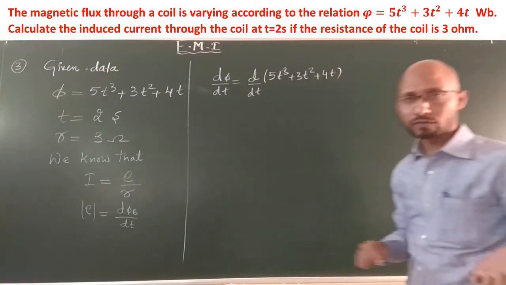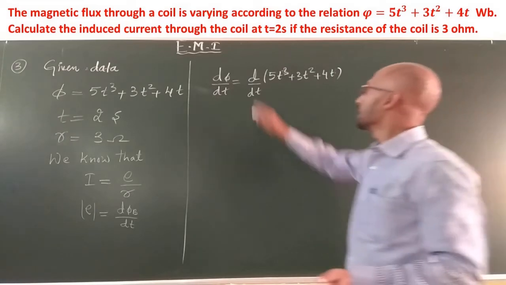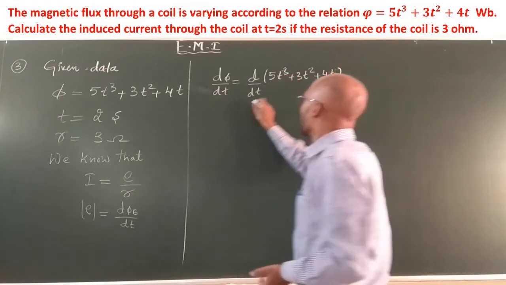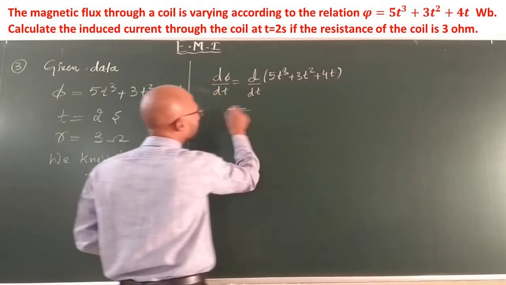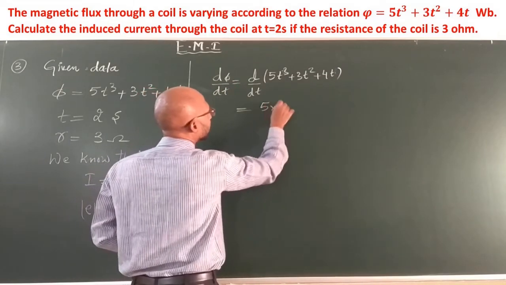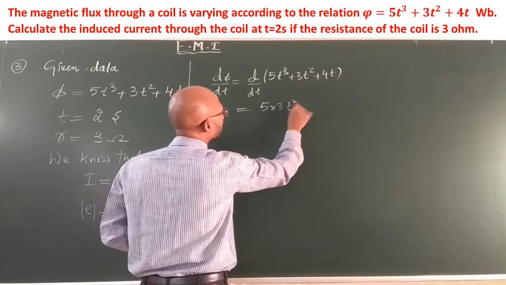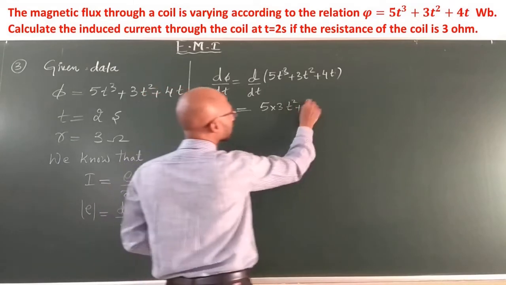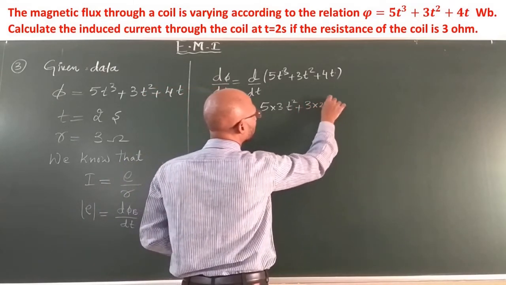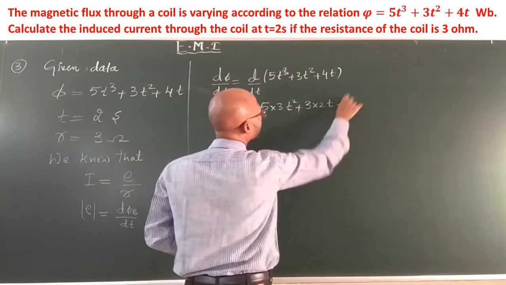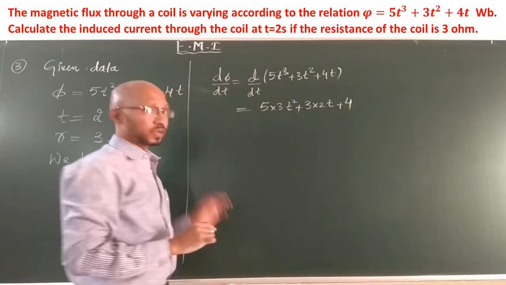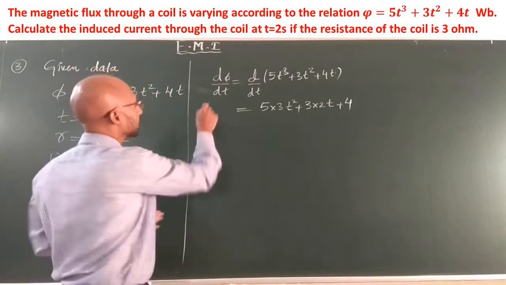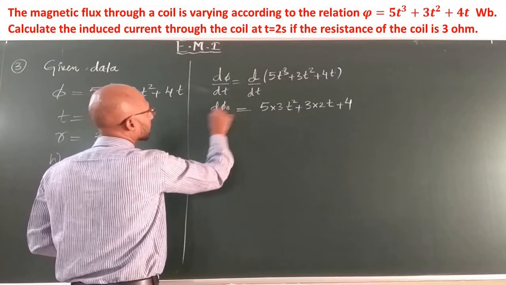As we studied in previous classes, differentiation of 5t cube gives 5 into 3t square, plus 3 into 2t, plus 4.